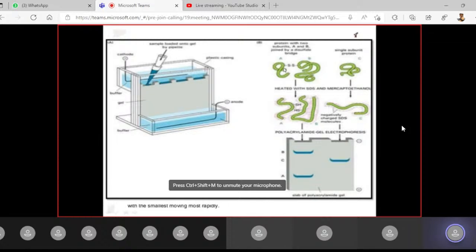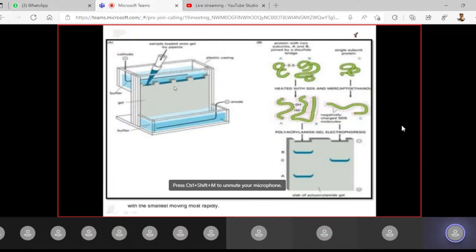So when you treat it with SDS and beta mercaptoethanol, you see heating is separating these two, and 2 bands you will get based on the size. So this is a smaller polypeptide chain, this is a larger polypeptide chain.